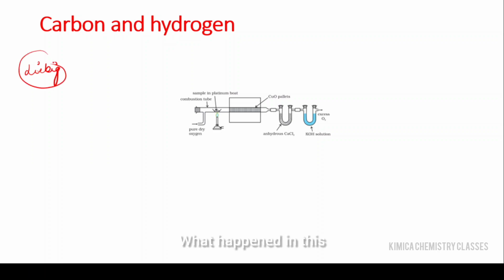What happens in this? A pure and dry organic compound of known mass is heated strongly with pure and dry copper oxide in an atmosphere of air or oxygen free from carbon dioxide. Both carbon and hydrogen present in the organic compound undergo complete oxidation and get converted into carbon dioxide and water, as you can see.